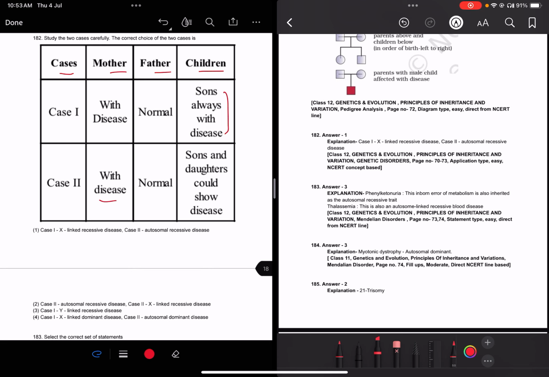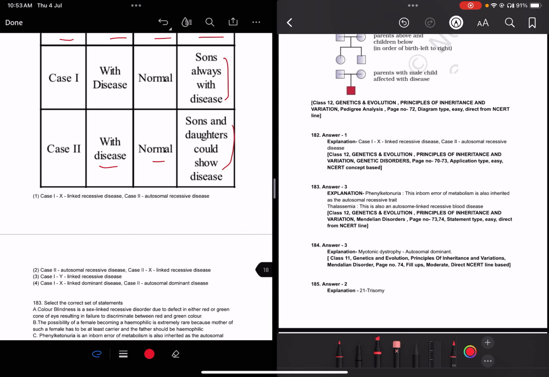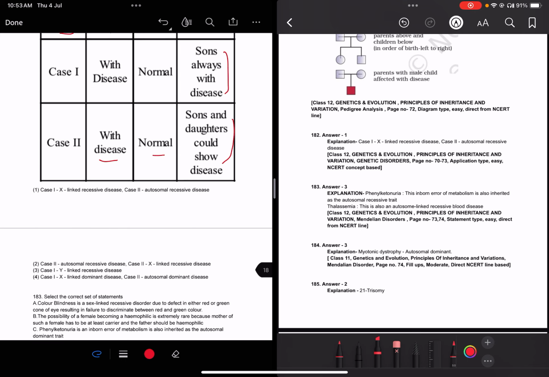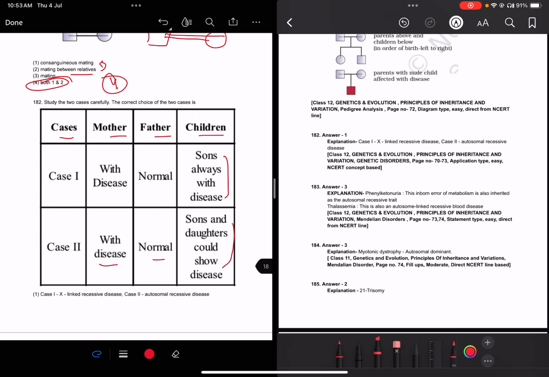Case 2: mother with disease, father normal, son and daughter both could show disease. Very easy question. If the mother is affected, both son and daughter may show the disease.